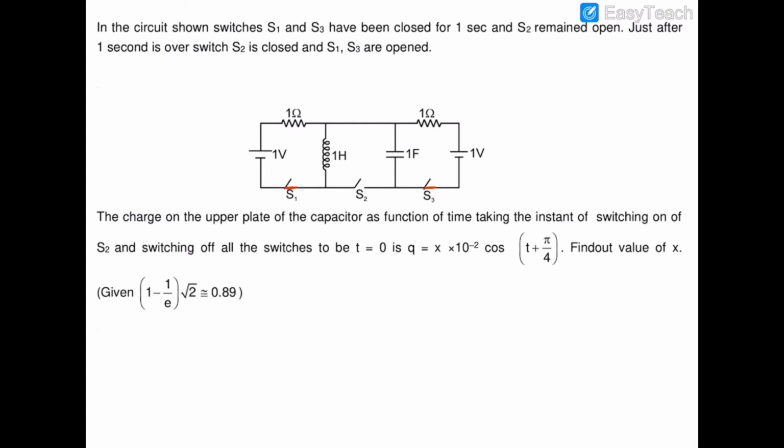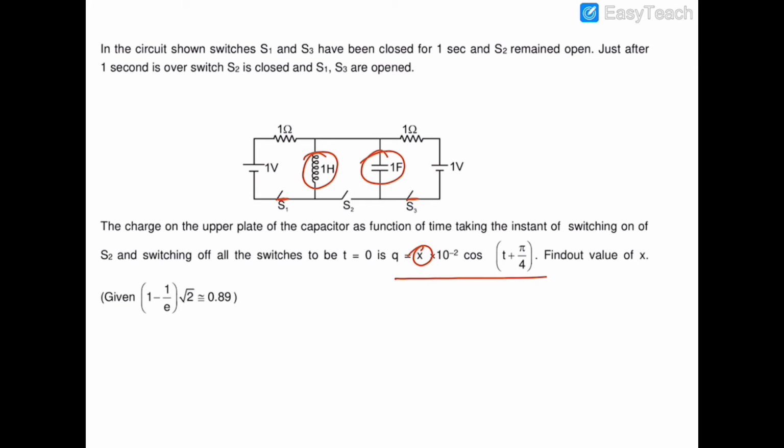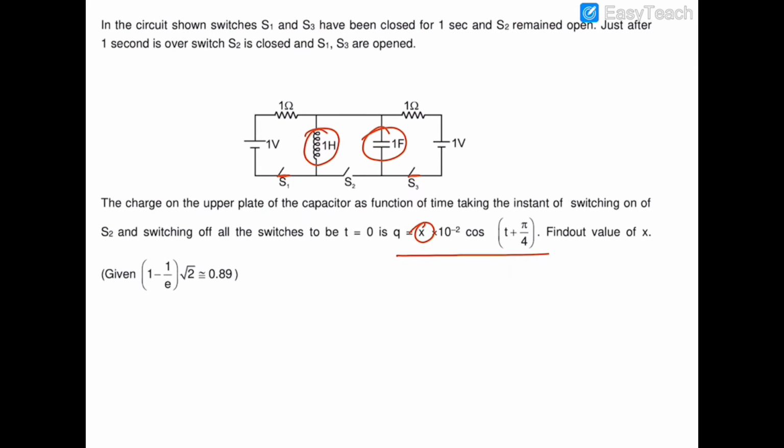So first of all we have to find out the charge which is appearing on the capacitor as a function of time. Here is the equation, and we have to find out this x. Initially when switches S1 and S3 were closed and S2 was open, we have to find out the maximum energy stored in this inductor and the capacitor at 1 second. Okay, so starting the question.